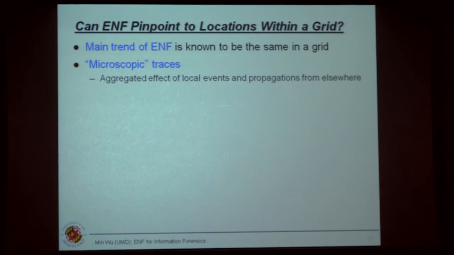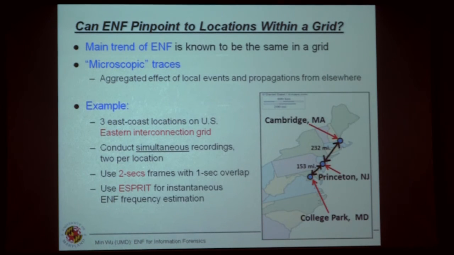So this is what we did. We are looking at the microscopic traces in the ENF. I solicited my past and former students, and students who are taking internships in other locations, to do some multi-location recording. The first simultaneous recording we did was a three-location trial: College Park here, Princeton, New Jersey, and Cambridge, Boston, Massachusetts.